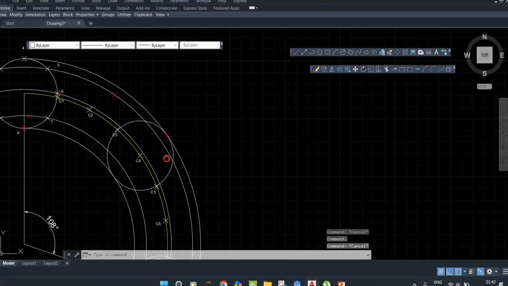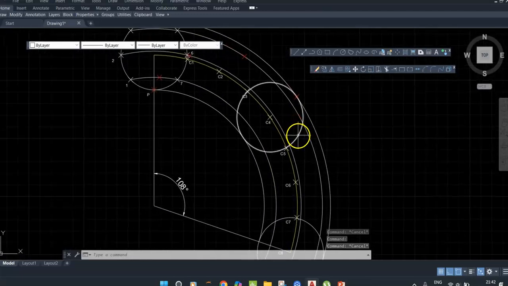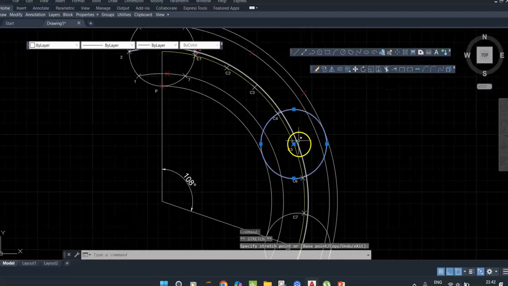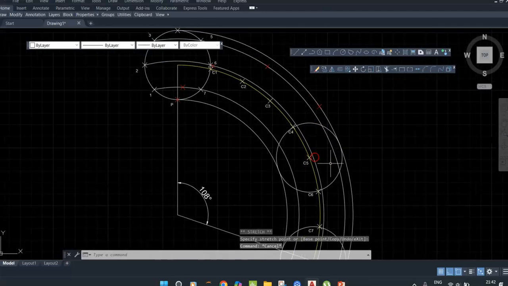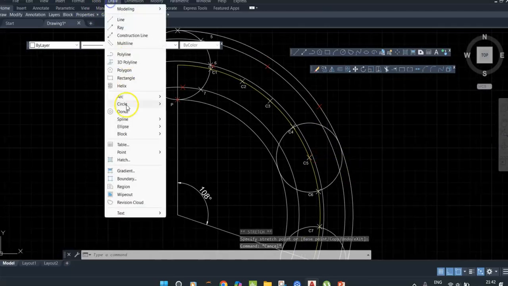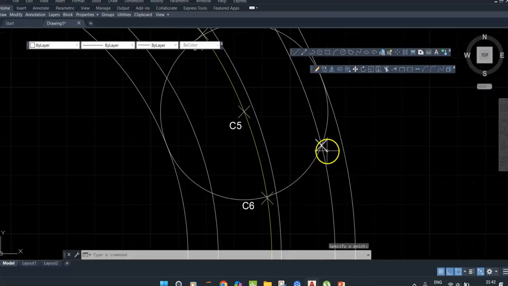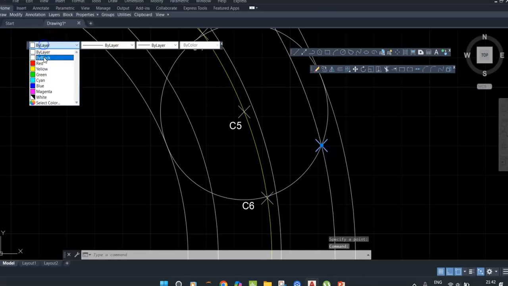Later on, convert that point to red color. From C4 to the next one, C5. This is my 5th point. Draw a single point. Mark this one also.